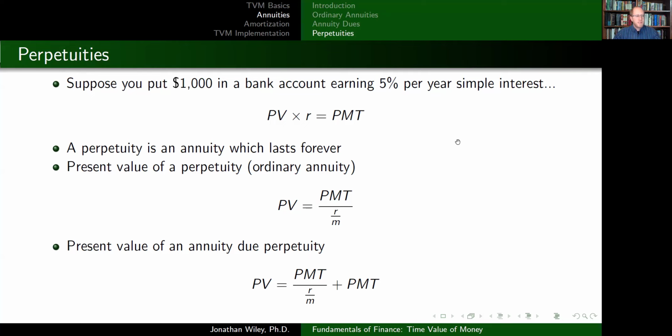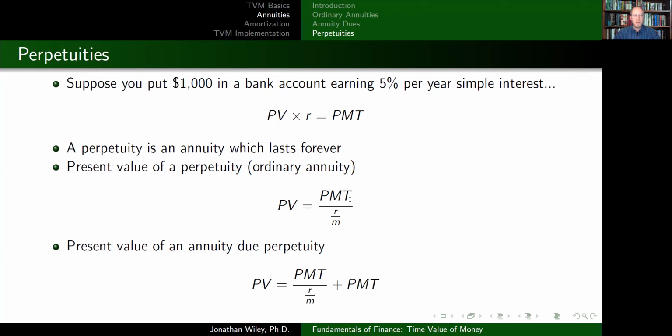Now, in this second formula, what I'm denoting is that we might have a situation where the payment being quoted is monthly and the rate being quoted is annual. You might have to adjust, just like I've talked about for some of the other calculations. You might have to adjust the rate to find the rate per period so that it lines up with the length of time associated with the payments.